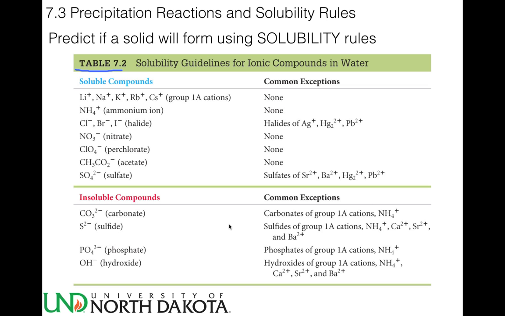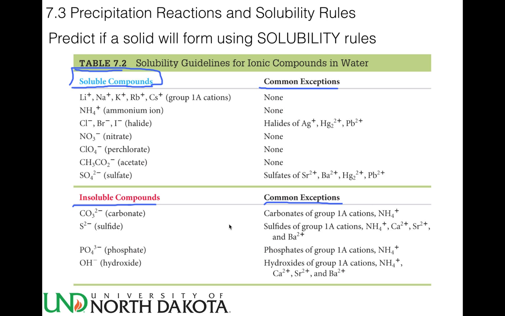Now in this table, we're looking on the top here at soluble compounds. On the left and on the right here are common exceptions. In the bottom we have insoluble compounds and common exceptions. I want to focus the attention first here on the top for soluble compounds.